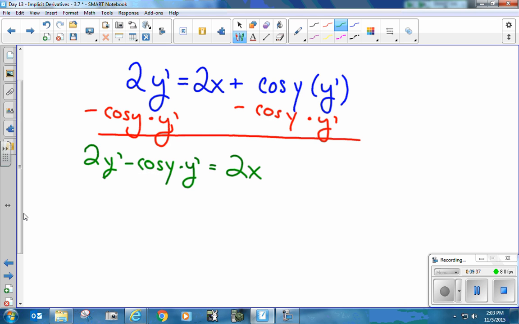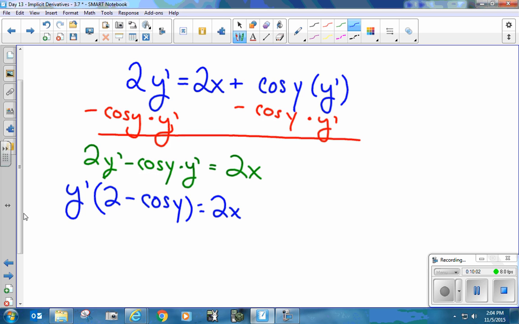Now I can factor that out, can't I? Absolutely. So I factor out my y prime, and what's left in the parentheses? 2 minus cosine of y equals 2x. And what's the last thing I do to get y prime alone? I divide.